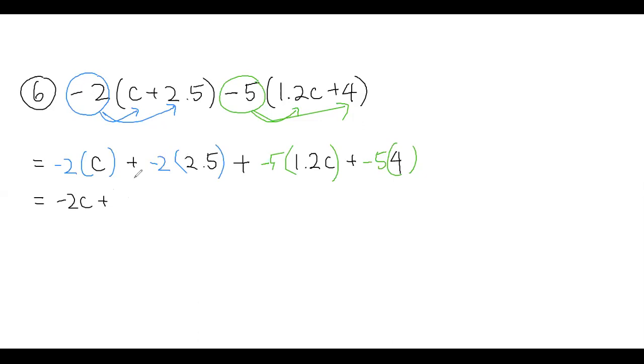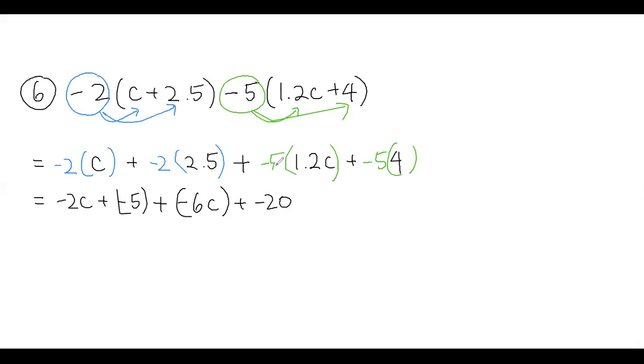So 4 plus 1, that's 5. And remember this negative here, this is going to be -5. Okay, this is going to be -6C plus -20.